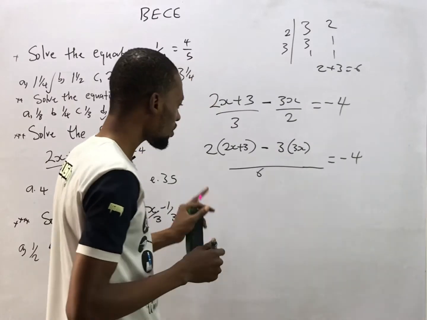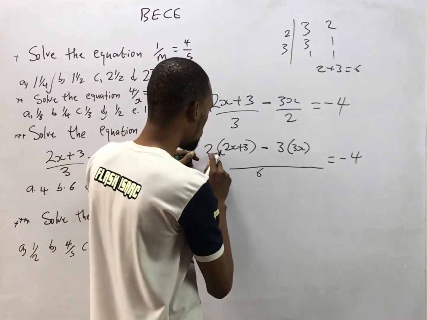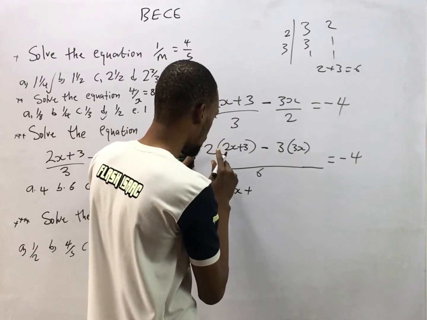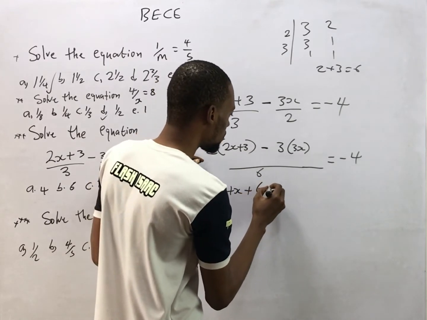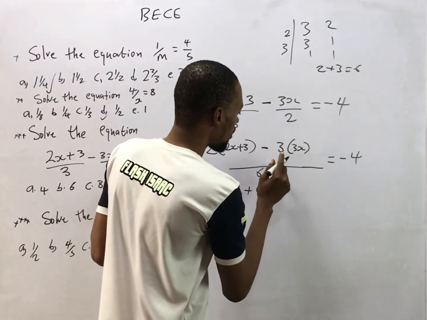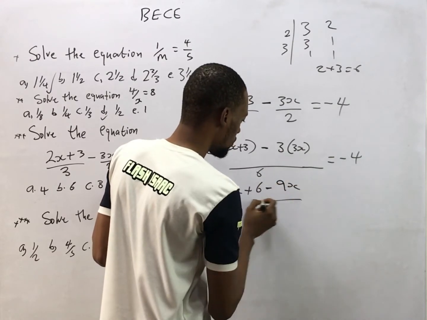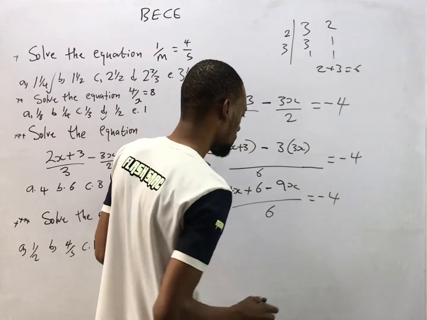Correct. Now we open this bracket to have 2 times 2s will give you 4s plus 2 times 3 is 6 minus 3 times 3s is 9s. So instead this is 9s over 6 to give you equals minus 4.